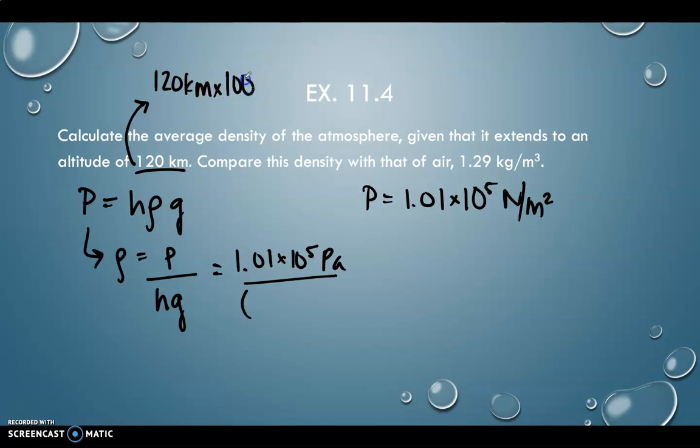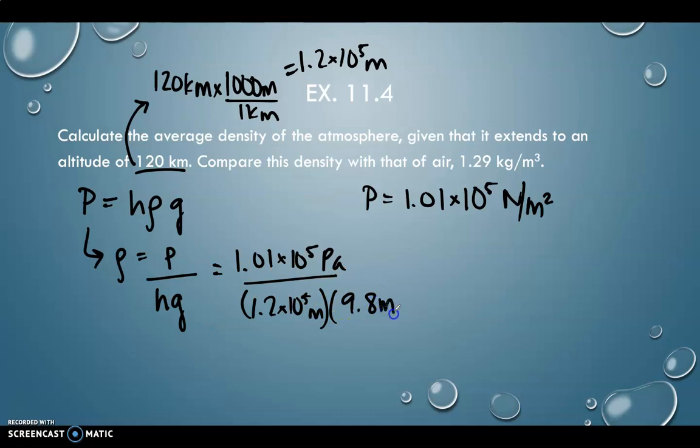So let's go ahead and do that. 120 times 1,000 is going to be 1.2 times 10 to the 5th meters. And then we have gravity, which is 9.8 meters per second squared.